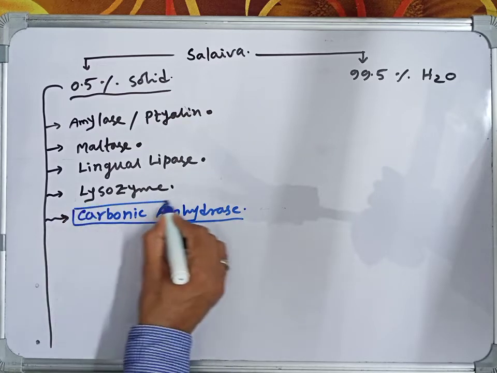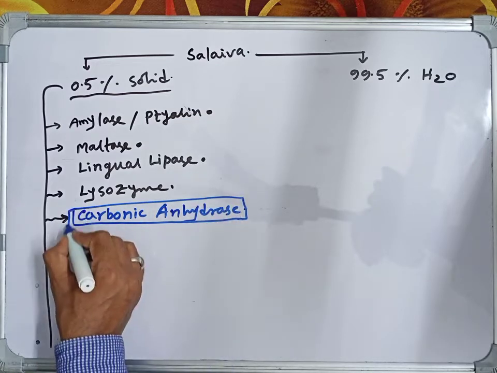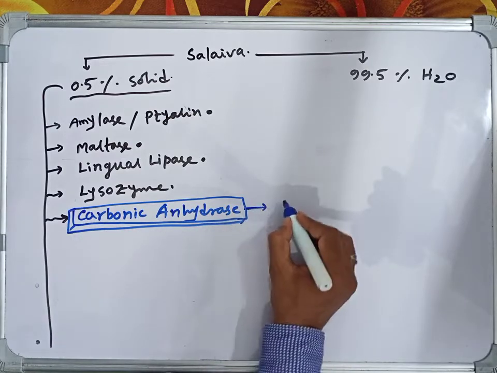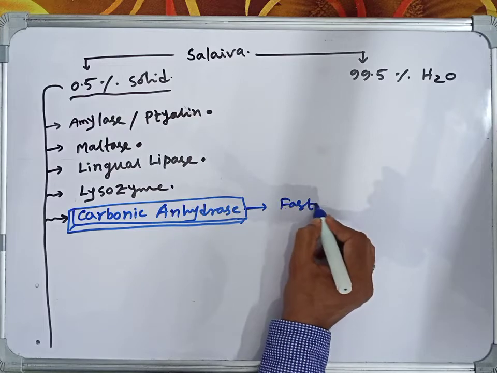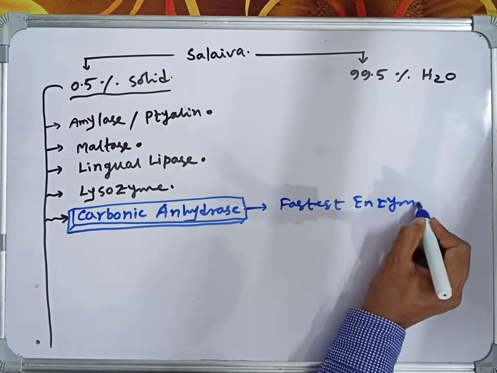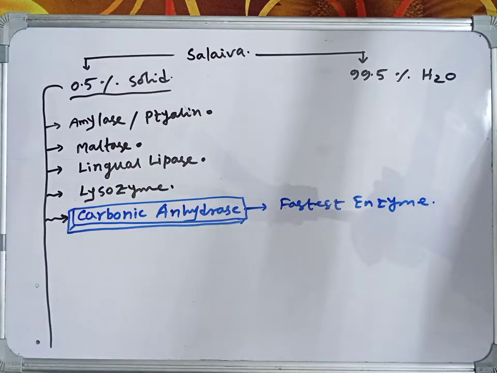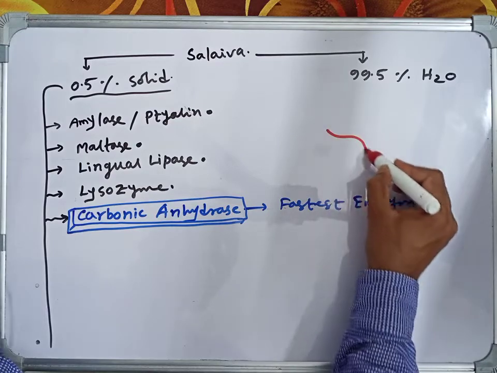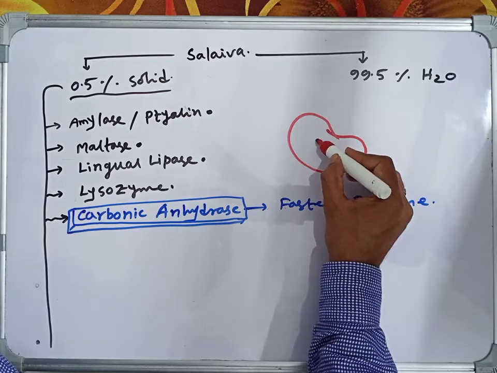You know very well, my dear, carbonic anhydrase is the fastest enzyme present in the human body.